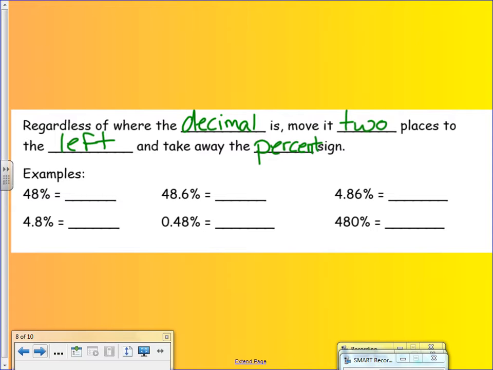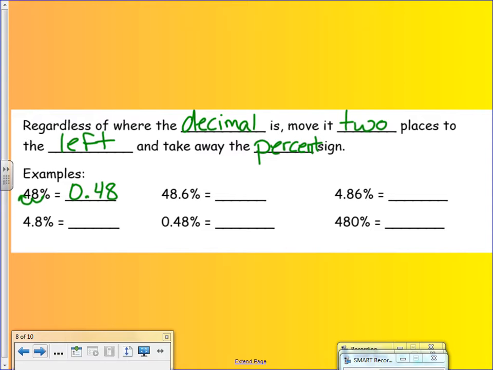So I'm going to go ahead and put a decimal at the end of this number, okay? Because I have 48%. That's 48. That's a whole number. So the decimal is always at the end of a whole number if there's not one in the problem. And I'm going to move it 2 places to the left. And I would end up with 0.48, or 48 hundredths.